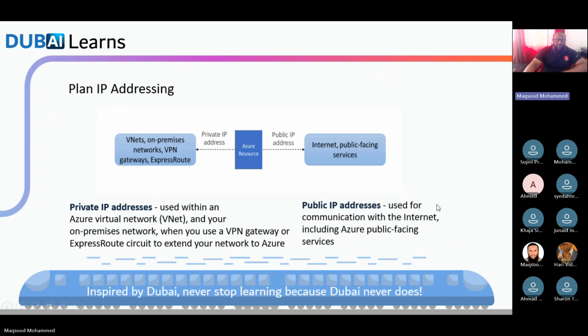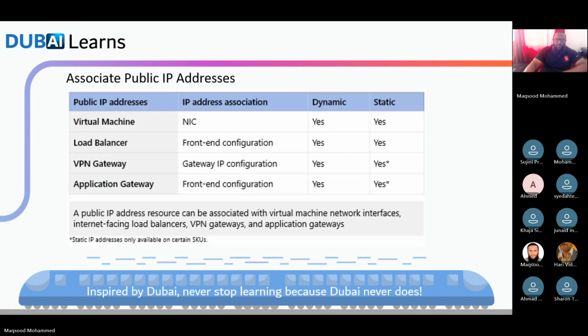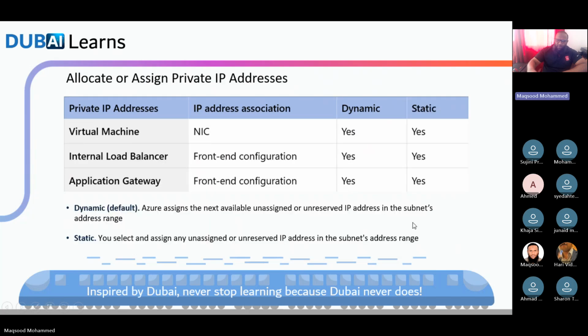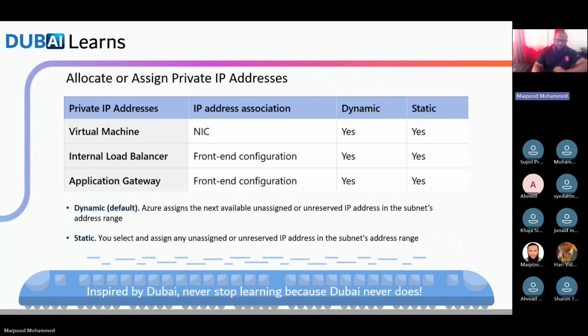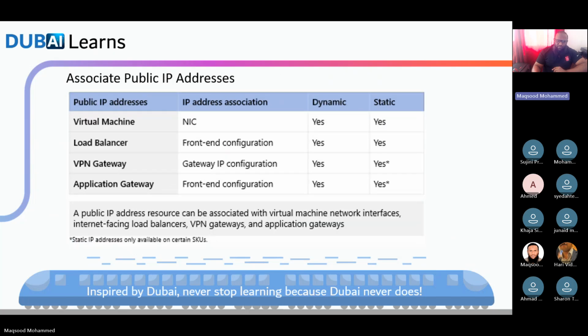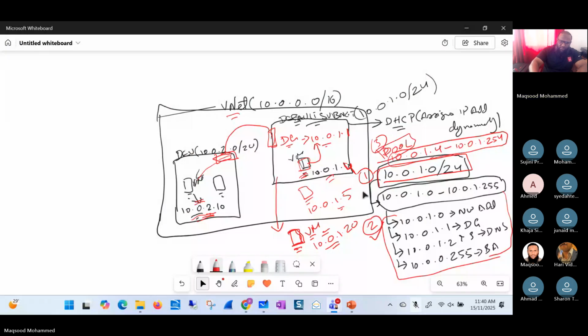Okay, so we have seen what is private IP and the public IP. I was saying where you can assign the public IP. Whatever we have seen so far, there was only one need of assigning the public IP, which is for the web server. So if I go back to the whiteboard again, I feel it's very important for you to understand the concepts rather than running through these slides.